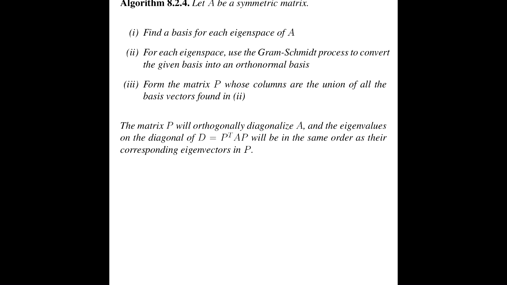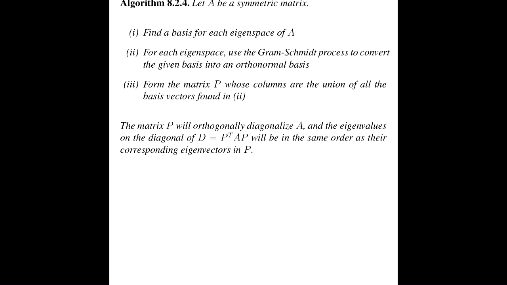And once we find the orthonormal basis, we can form this matrix P. The column vectors of this matrix P are just the union of all the basis vectors found in step 2.